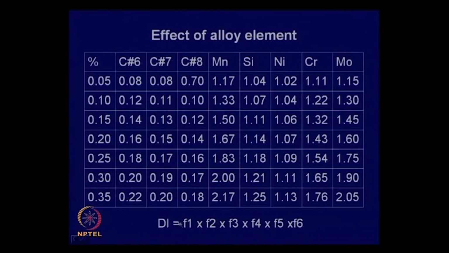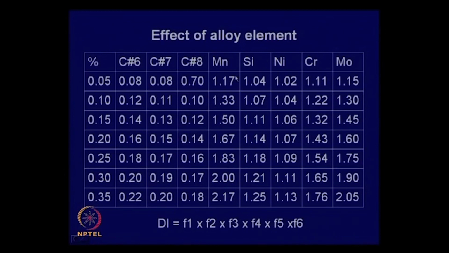Similarly, you will have factors for all the common alloy elements, and these are available in the form of tables. If you want to find the hardenability in terms of ideal critical diameter, the information you have to provide is austenite grain size, carbon content, and other alloy additions. Then you look up the table. Say the austenite grain size number is 8 and carbon content is 0.1, then the first factor F1 is 0.1.